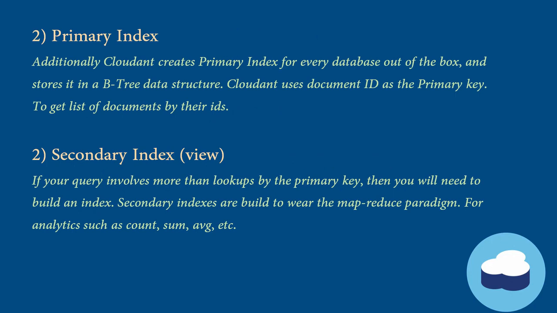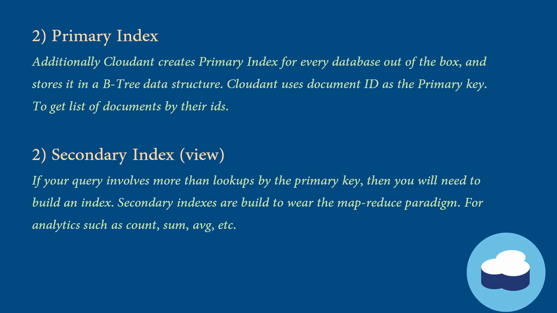Cloudant creates a primary index for every database out of the box and stores it in a B-tree data structure. Cloudant automatically creates the primary index, and you don't need to create it actually. It is stored as a B-tree, and Cloudant uses the document ID as the primary key to perform CRUD operations and to get a list of documents by their IDs.